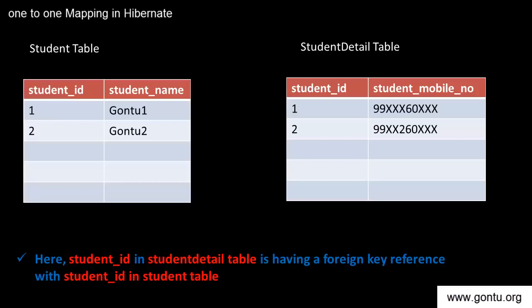Because of this constraint, the student detail table is going to accept only those values of student ID which are present in the student table, and not any other values. Now, how do we represent such a relationship or mapping in Java model classes in Hibernate? That's the question, and that's what we're going to learn in this tutorial, that is, one-to-one mapping in Hibernate.